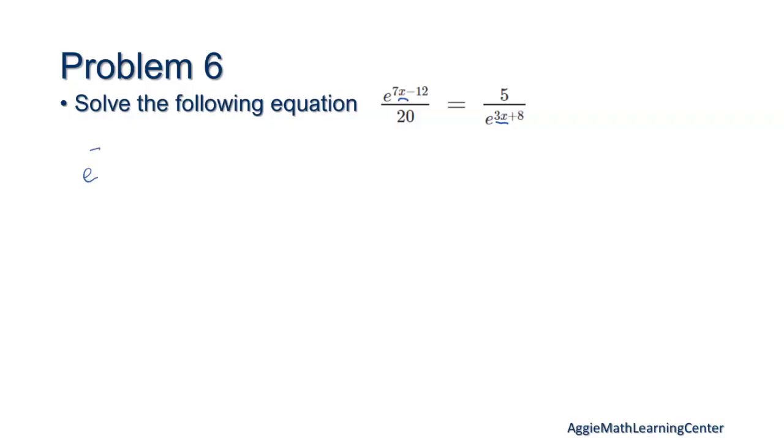Like so, over 20 times e to the 3x plus 8 equal to 5.